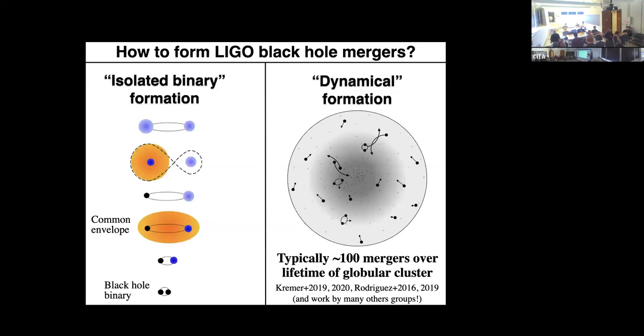For this dynamical channel to operate, you have to be living in a really dense stellar population so that the rate of encounters between stars is high enough to lead to a non-negligible formation rate for these black hole binaries. Globular clusters are one example of a really good population for forming these binaries dynamically because they're very well-known dense populations of stars. There are other things too, AGN disks, massive galactic nuclear star clusters, but globulars are what I'm focusing on here.